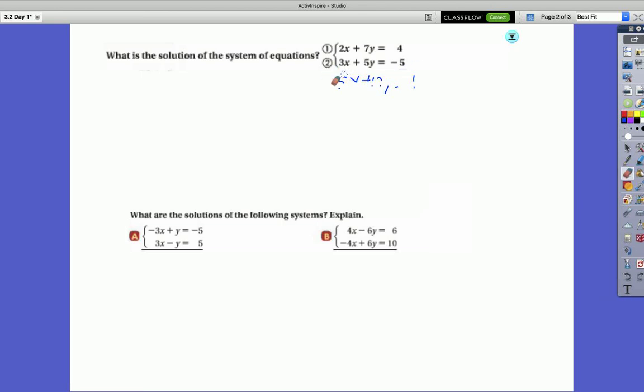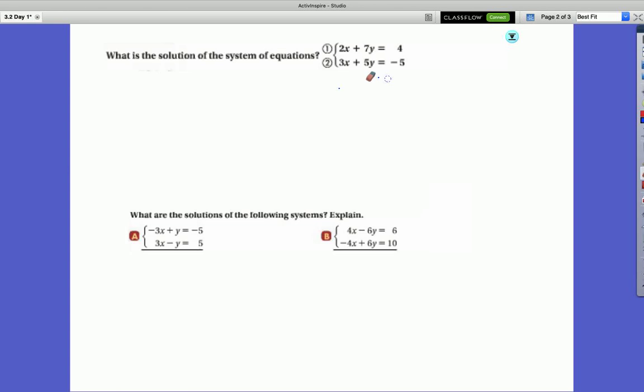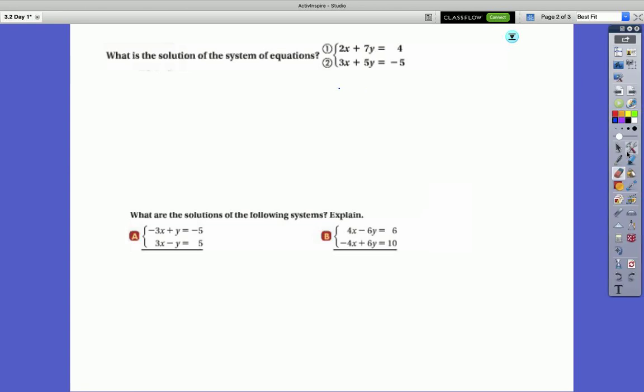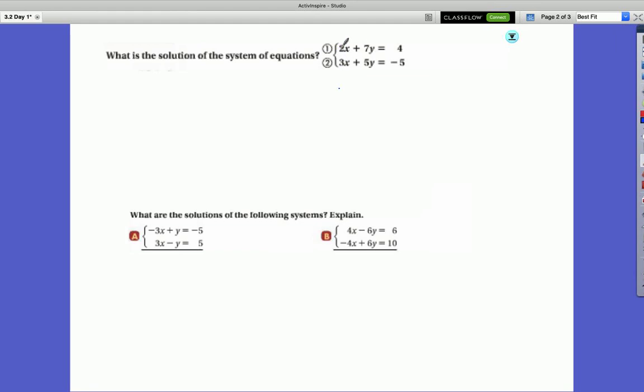Okay, so there are lots of ways of doing it, but my suggestion is decide which variable you want to cancel off. So let's say that we wanted to cancel off the x's. So what you can do then is you can take the coefficient from the first equation and multiply everything in the second equation times it. So we're going to multiply the second equation times 2.